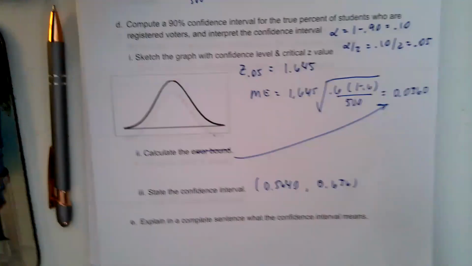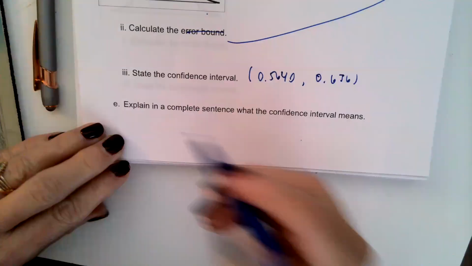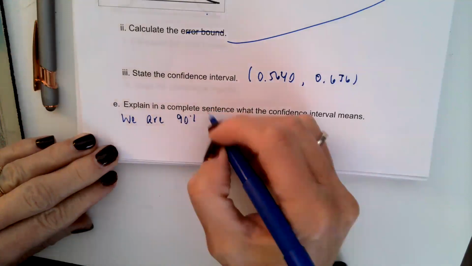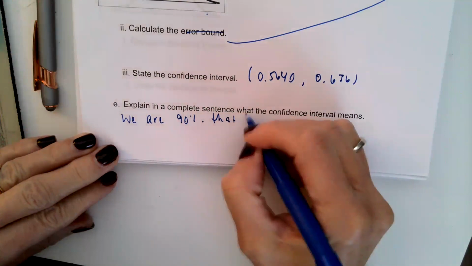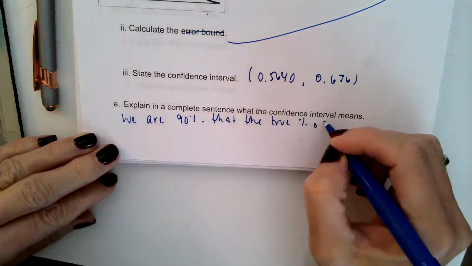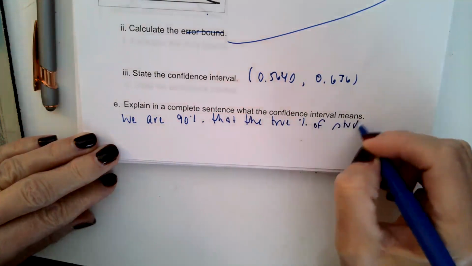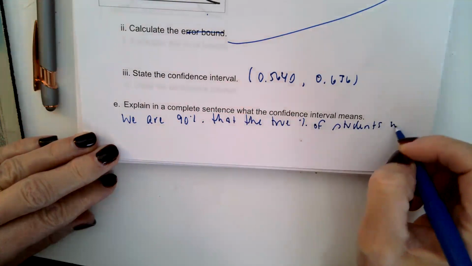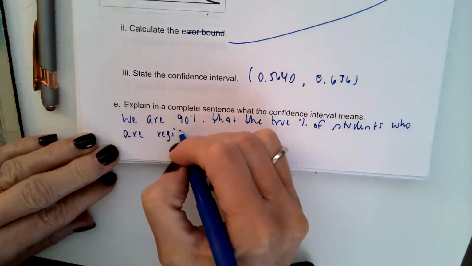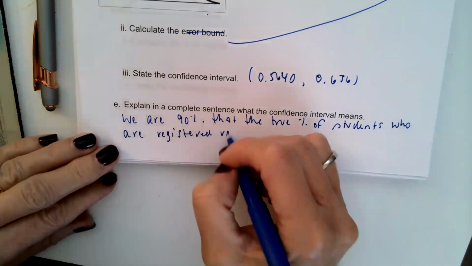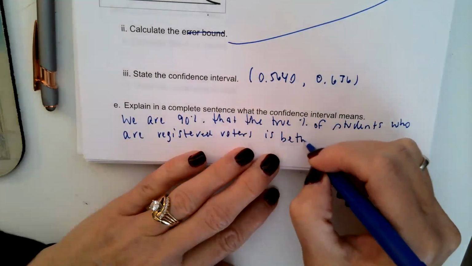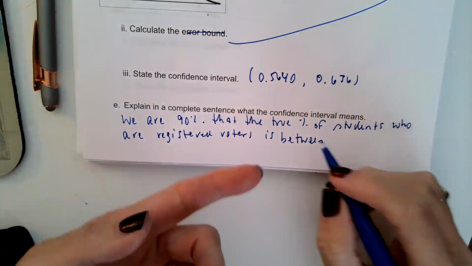And then we can go ahead and explain your interpretation. So this time we're 90% confident that the true percent of students who are registered voters is between, and because I said percent, I'm going to turn it into a percent.